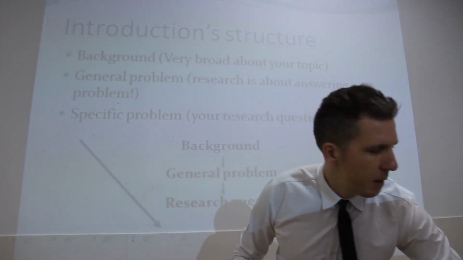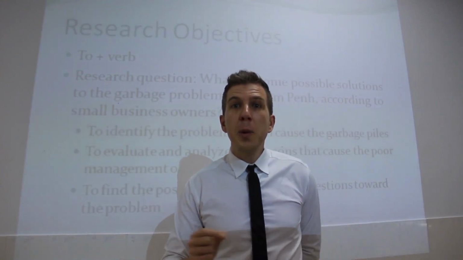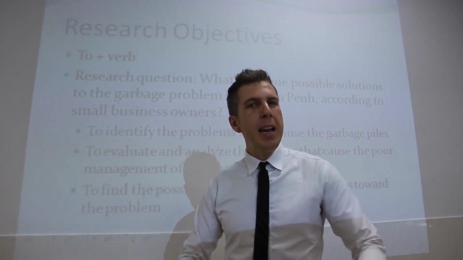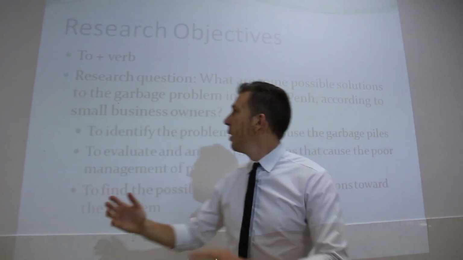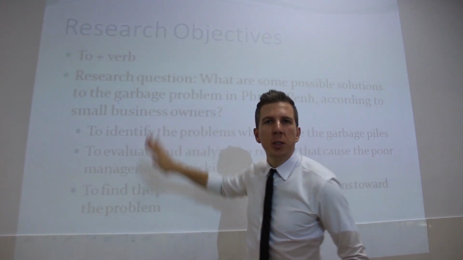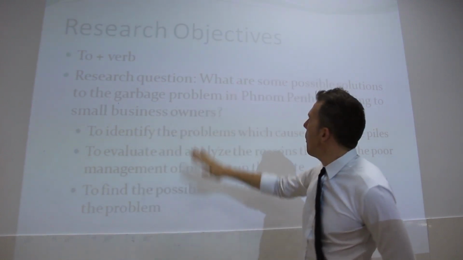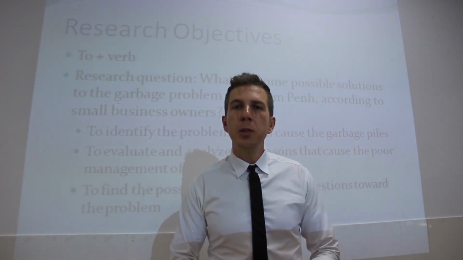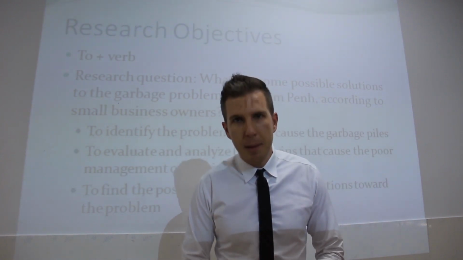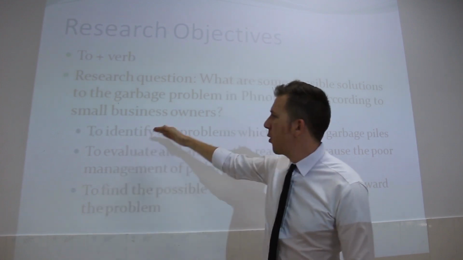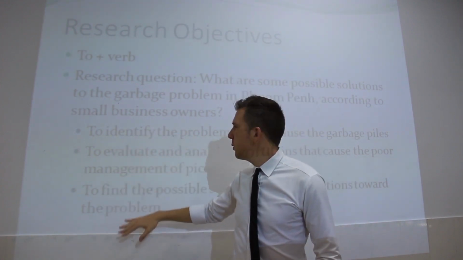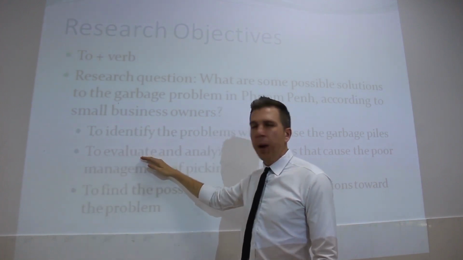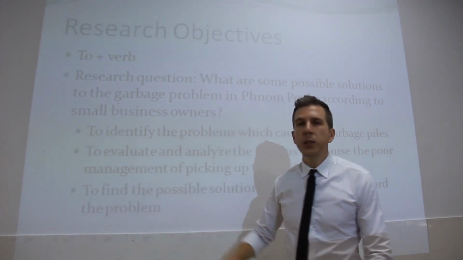Then I talked about your research objectives, where we use the infinitive in English, to plus a verb. For example, one research question from this class was, what are some possible solutions to the garbage problem according to small business owners in Phnom Penh? They had 3 different objectives: to identify, to evaluate, and to find solutions.